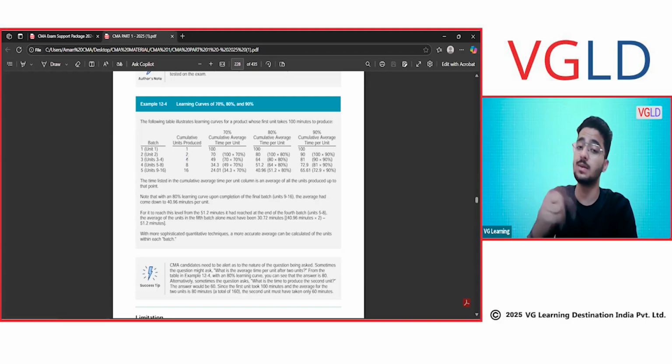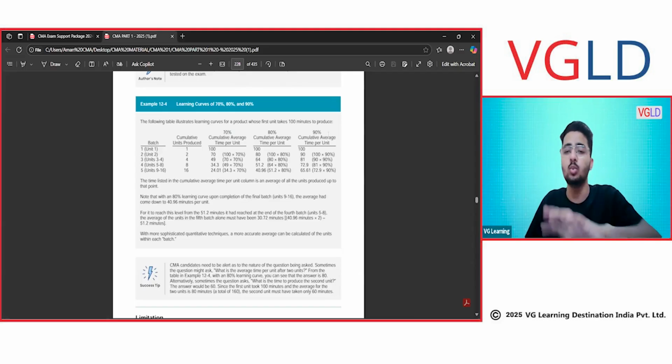In the fourth batch, you double it, 8 units. In the fifth batch, you double it, 16 units. You will be getting better day by day when you double it. So the percentage can be 70%, 80%, 90%. There are two methods. I will explain both methods in a very sophisticated way because you must know which method you can use.